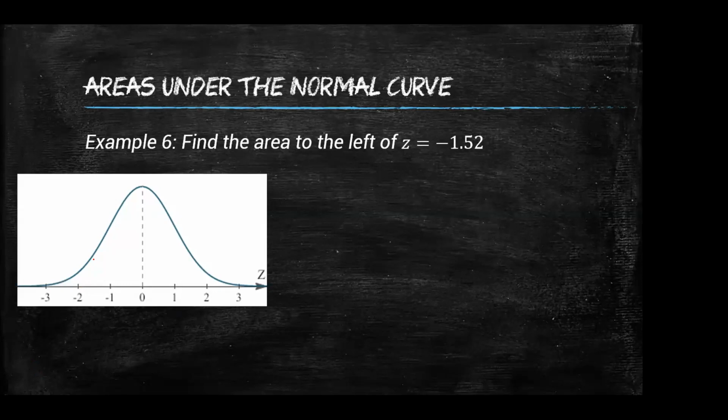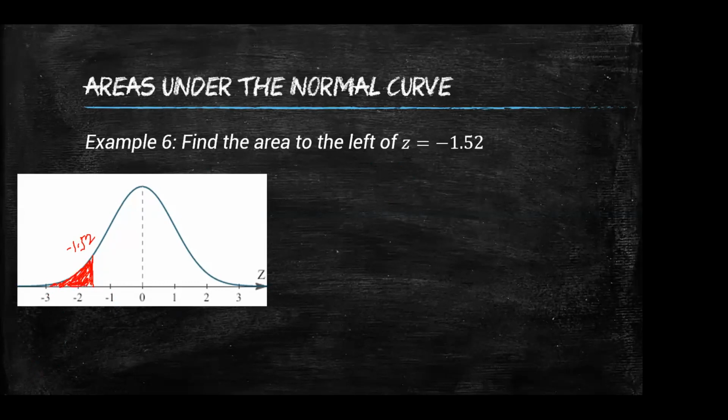So let's assume that this is where negative 1.52 is found, kasi gitna ng negative 1 and negative 2. And then let's shade the area na hinahanap. That would be the area to the left of the z-score given, which is negative 1.52.